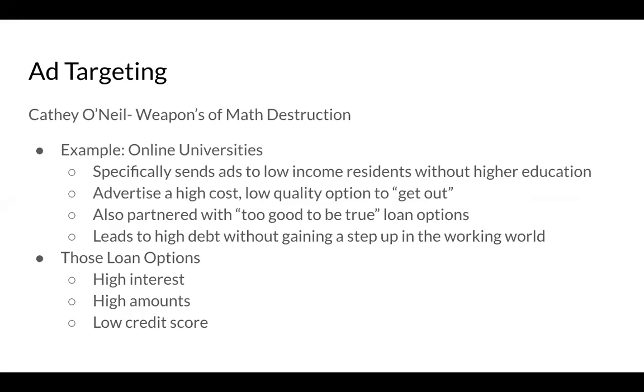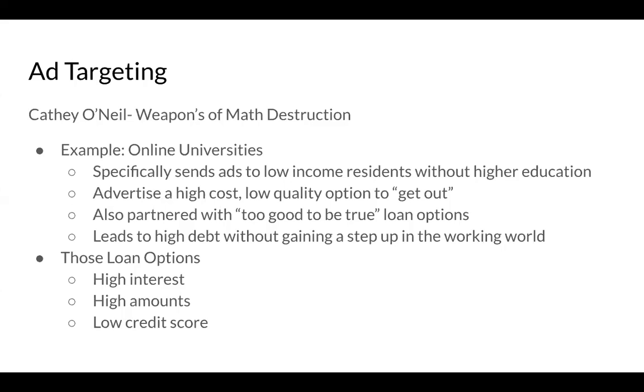So the first example was online universities and how they specifically have sent ads to areas with historically low income residents without higher education. These online for-profit universities have high cost and low quality education, and often are pitched as a way to get out of those low income areas.